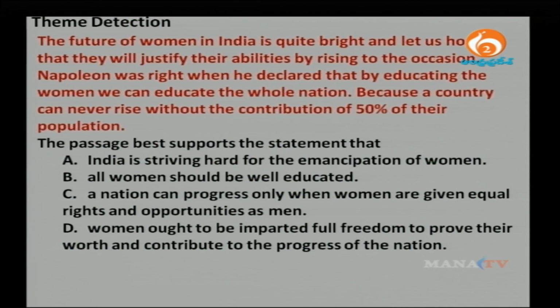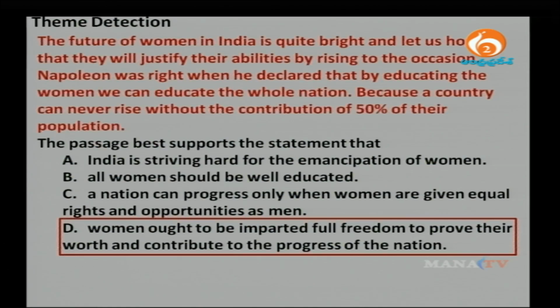All women should be well educated. A nation can progress only when women are given equal rights and opportunities as men. Women ought to be imparted full freedom to prove their worth and contribute to the progress of the nation. And the correct answer is option D. Women ought to be imparted full freedom to prove their worth and contribute to the progress of the nation.